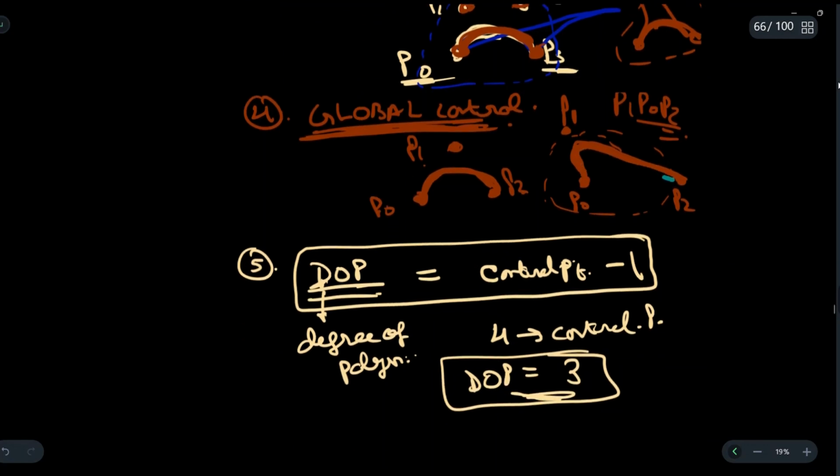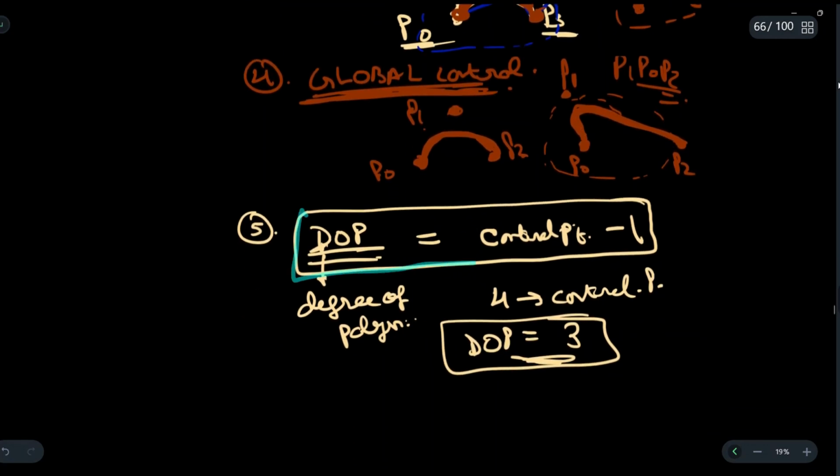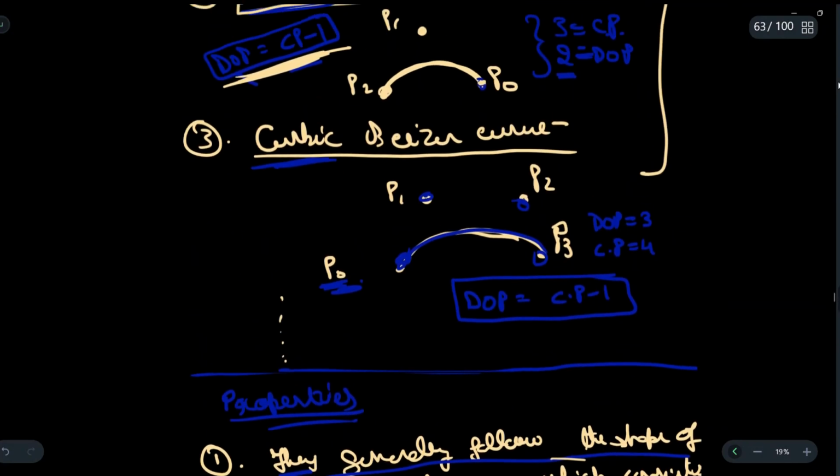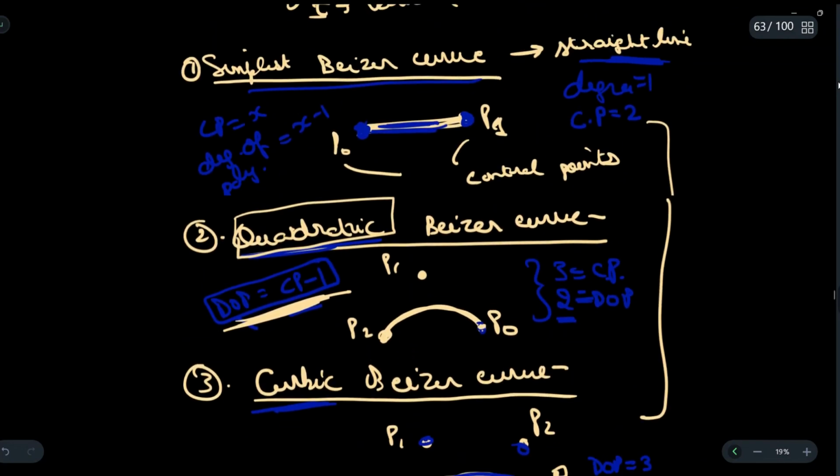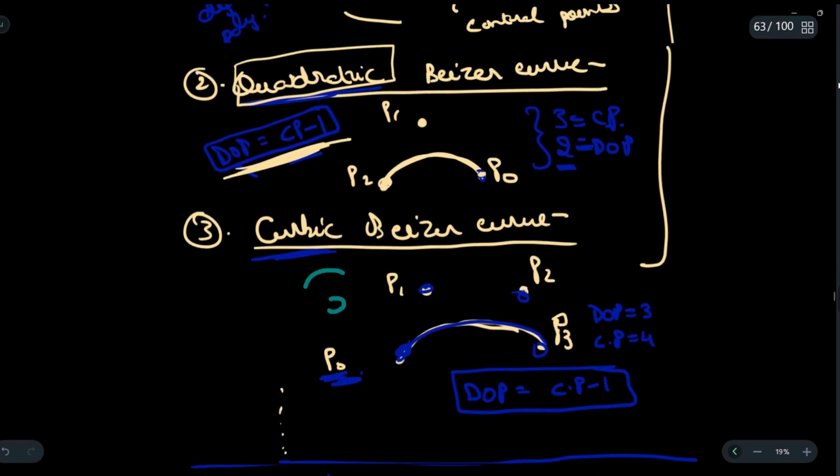And the last and most important property is that the degree of polynomial of a Bezier curve will be equal to the number of control points minus 1. As we have seen in the 3 examples discussed, here the degree of polynomial will be 1, as we have 2 control points, here it will be 2, as we had 3 control points, and here it will be 3, as we had 4 control points.